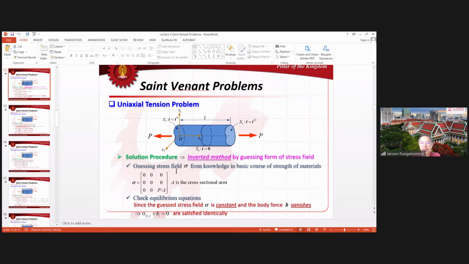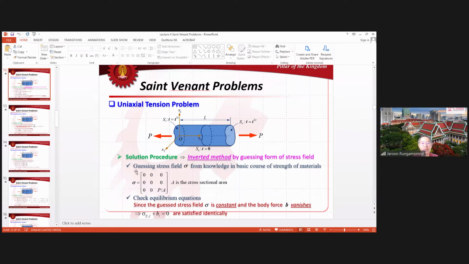Okay, with the knowledge from strength of materials, let's say we assume the form similar to what you learned from that class. So we simply assume that the applied traction at both ends generates only the normal stress in the x3 direction.